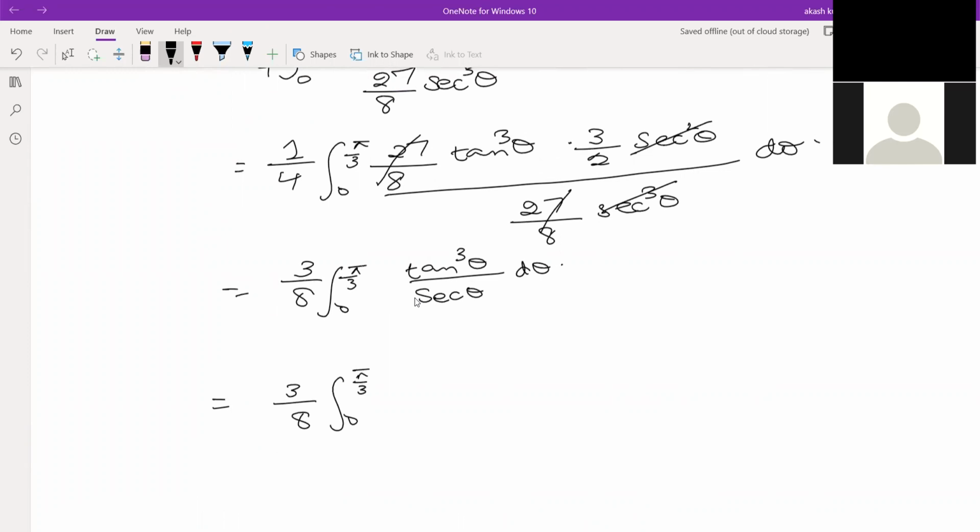Converting tan cube theta into sine cube theta over cos cube theta, and converting sec theta into 1 over cos theta d theta.